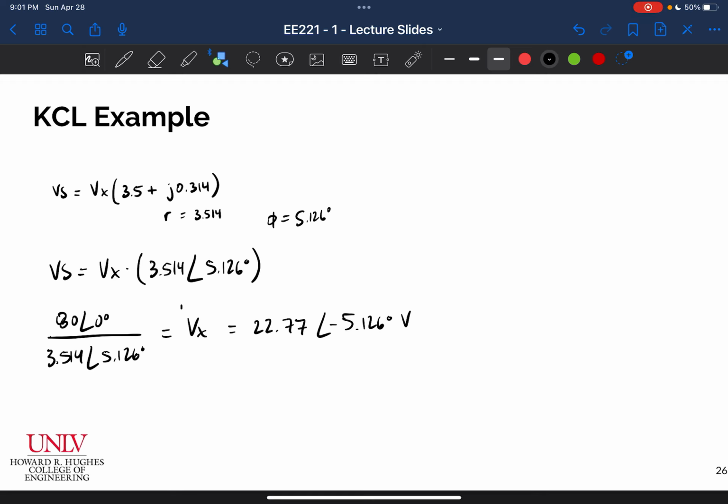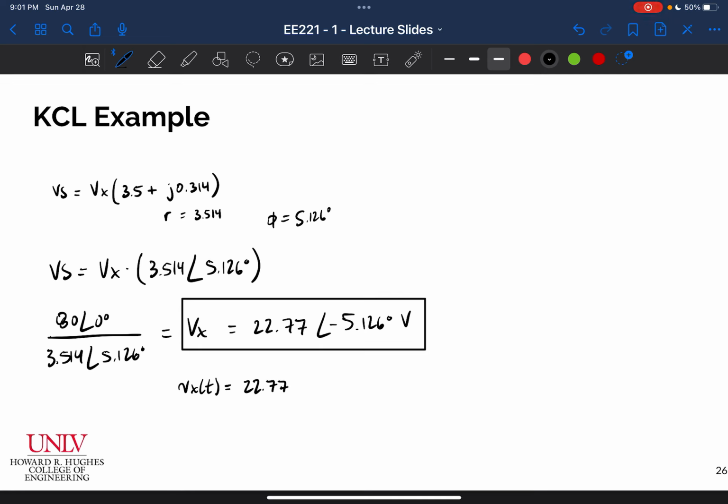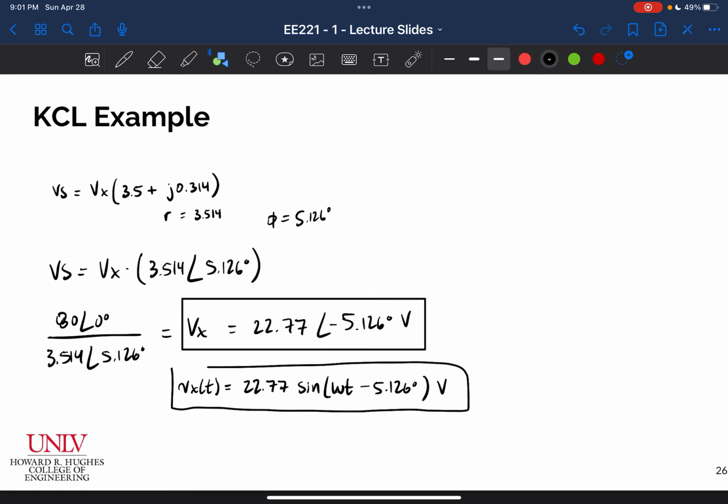That right there is my phasor for Vx. Of course, I need to write this in the time domain, so I can just write Vx of t is equal to 22.77 times the sine of omega t minus 5.126 degrees volts. All right, so that is my Vx of t from this problem.